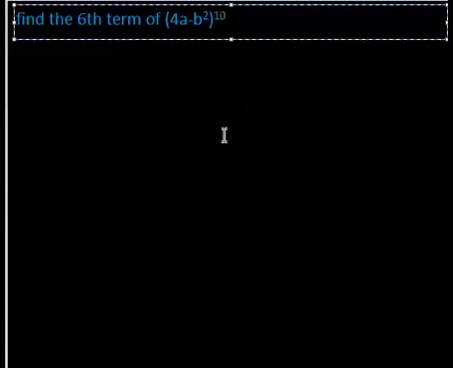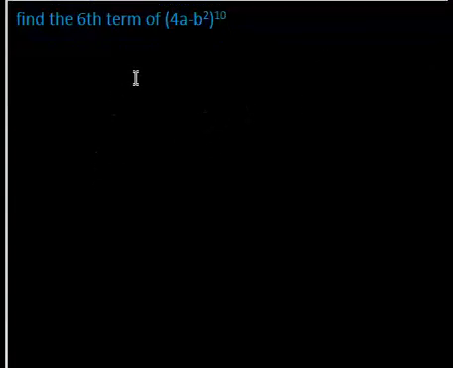All right, so I hope that is well understood. Now you are not asked to expand, but you're only asked to find the sixth term. Remember, if we're expanding, what is increasing is r.